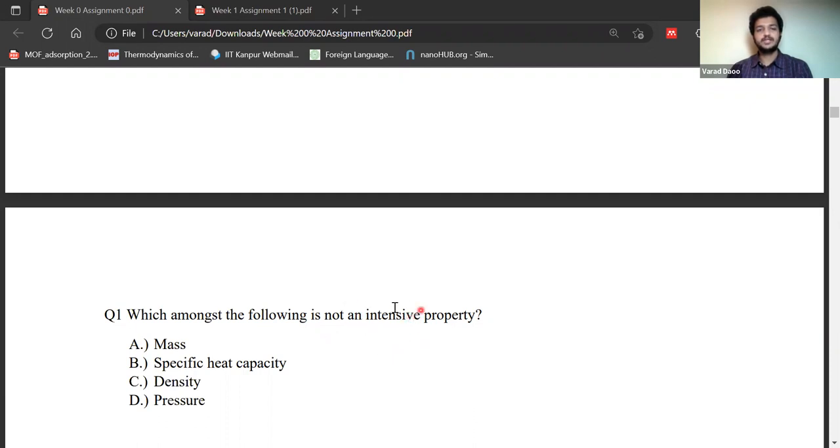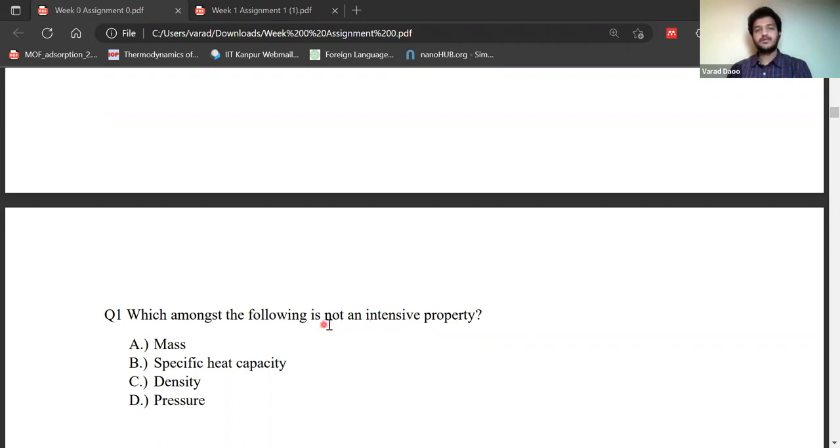First, let us understand what an intensive property is. There are 2 types of properties: intensive and extensive. Extensive properties are the thermodynamic properties which depend on mass, and the properties which do not depend on mass are called intensive properties.